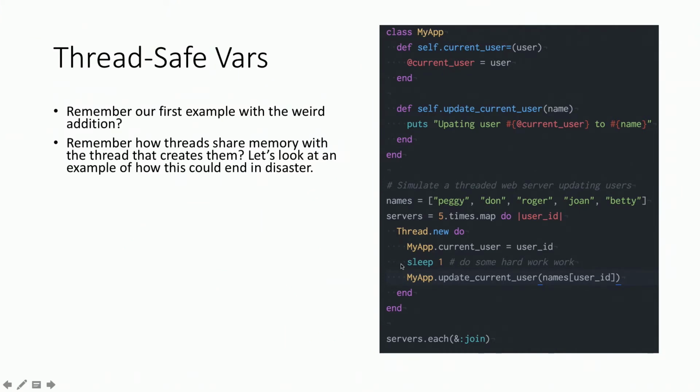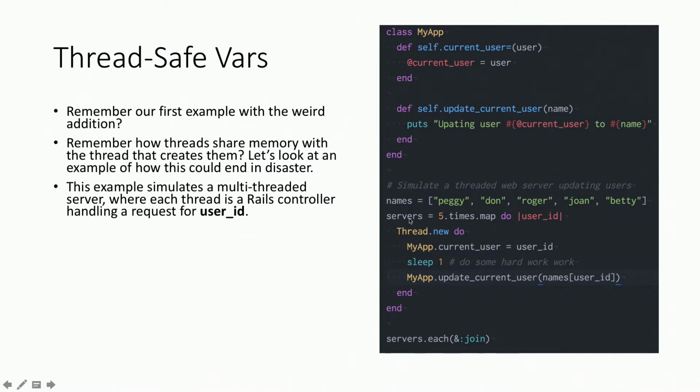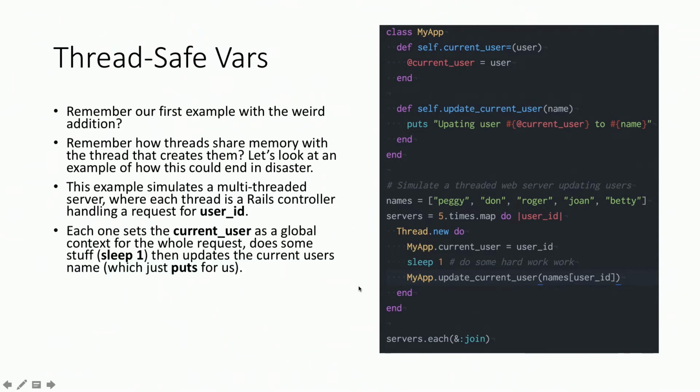We're going to set it to a list of names, and then just imagine that this is a multi-threaded web server like Puma. So these are requests, and each request in Puma is going to be sent to a new thread or something like that. And these threads are your controllers responding. So the first thread is responding to the user ID, so it's going to set the current user.